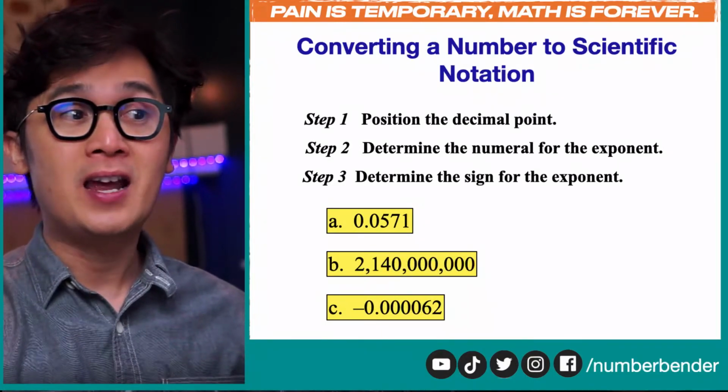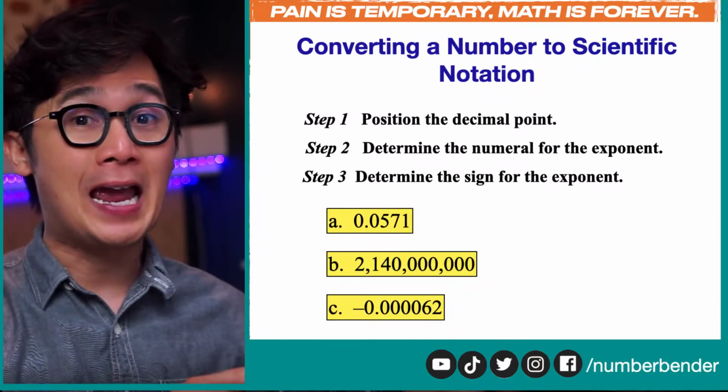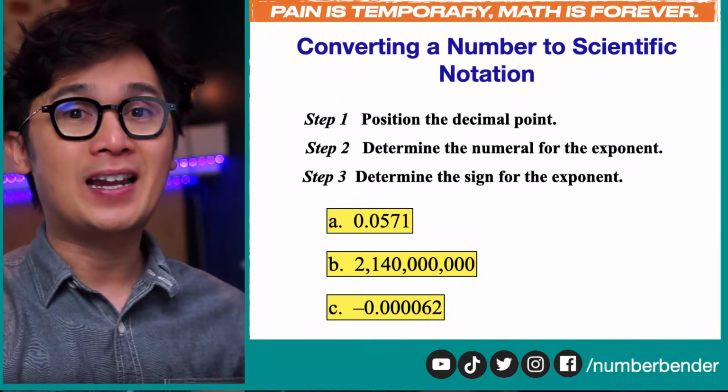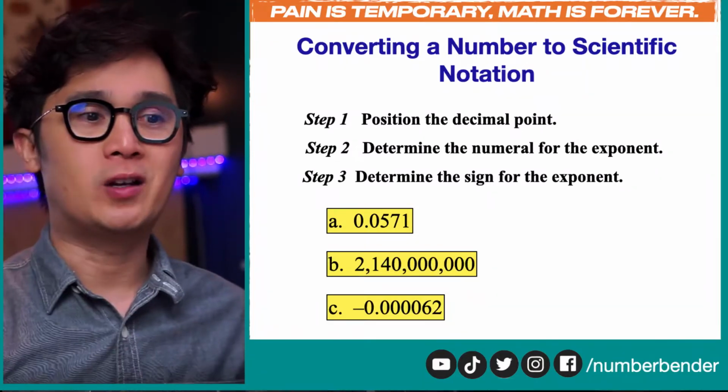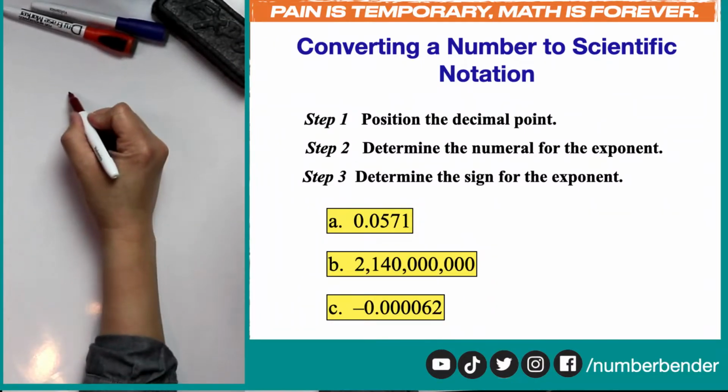You will notice that we have a small number and a very big number, and we're going to standardize them by writing them in this form. Let's start with the first one, which is 0.0571.